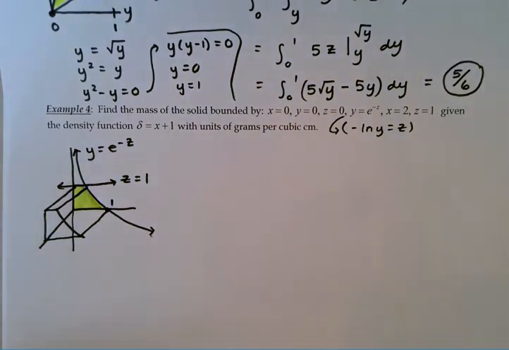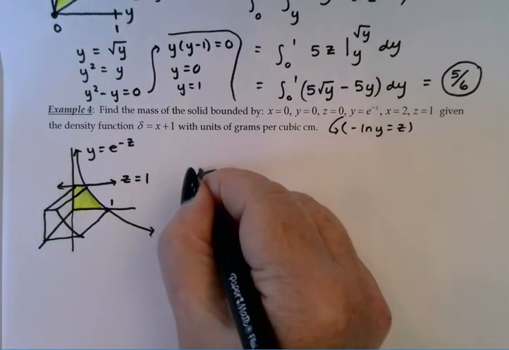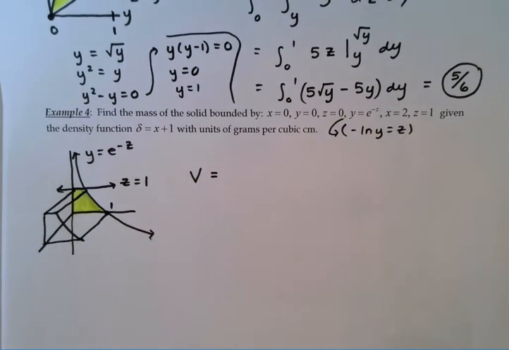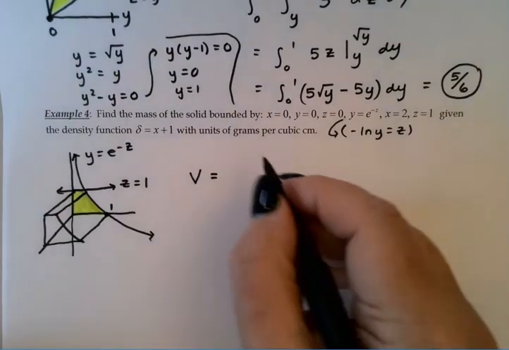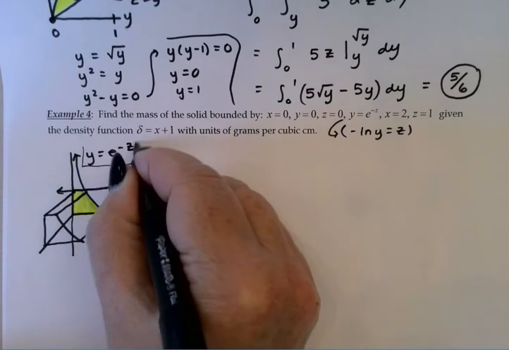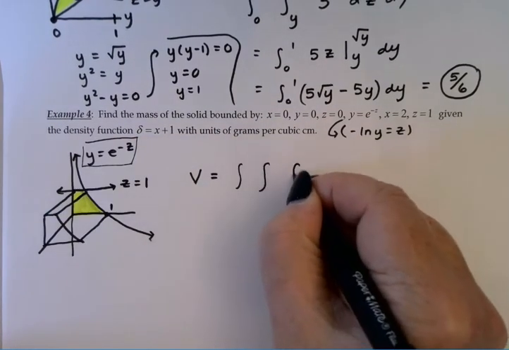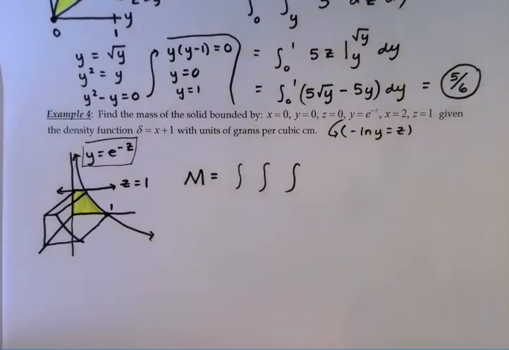All right, to set up my volume, let's choose to do this one differently this time. I've already drawn that, but that's okay. I think I want to go dy first this time, since I've got this equation so nicely given to me in terms of y. Oops, and I'm doing mass, not volume.